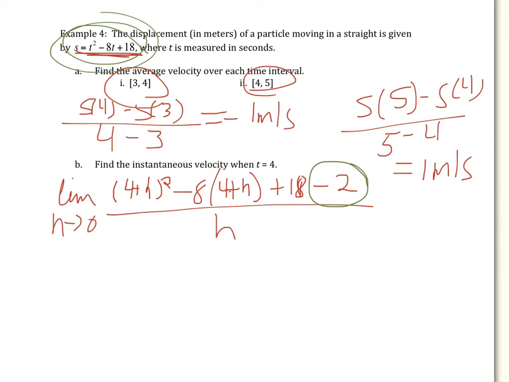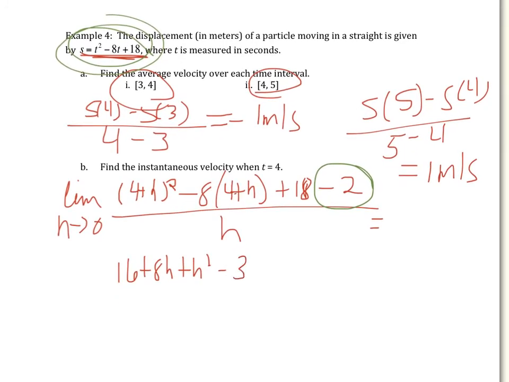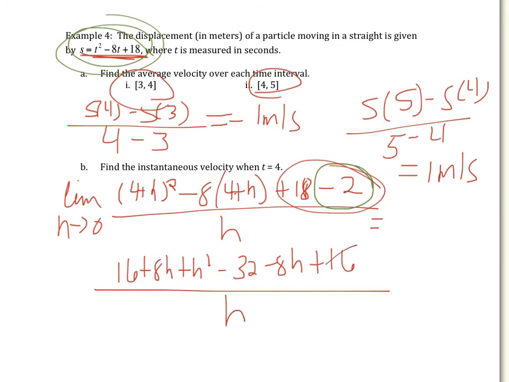All right, so looking at this, if I go ahead and expand my numerator, I'm going to get 16 plus 8h plus h squared minus 32 minus 8h and plus 16 when I combine this 18 minus 2. And always, as I told you, that thing that you're subtracting off the end will always cancel. Well, I have a plus 16, a plus 16, and a minus 32.